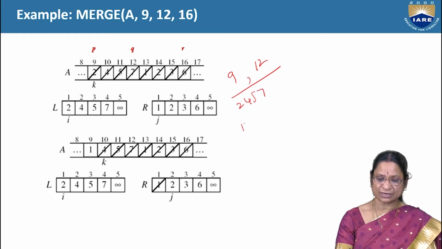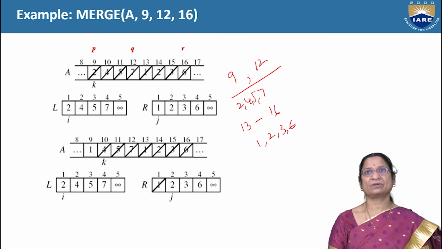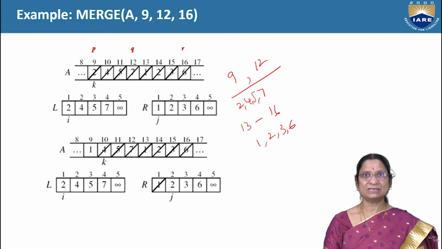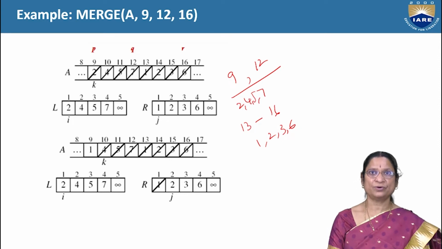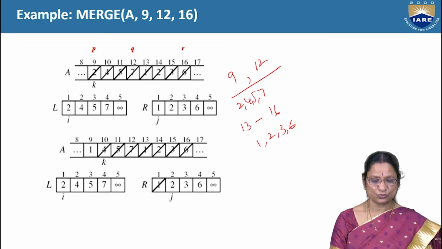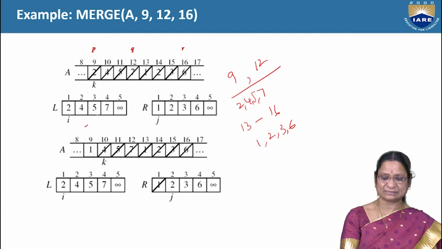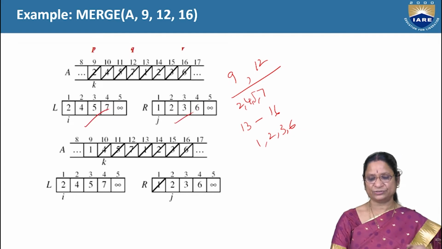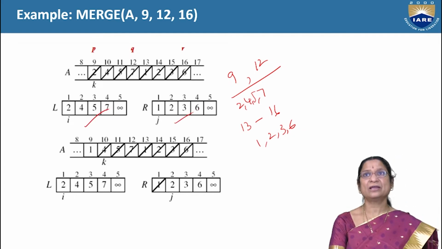Q plus 1, so 13 to 16. 13 to 16 means 1, 2, 3, 6. These are the 2 sublists we are having. So the left sublist is having 2, 4, 5, 7, infinity. That is, 2, 4, 5, 7 is the first sublist. And the second sublist is 1, 2, 3, 6 we are having as per our P, Q, R.